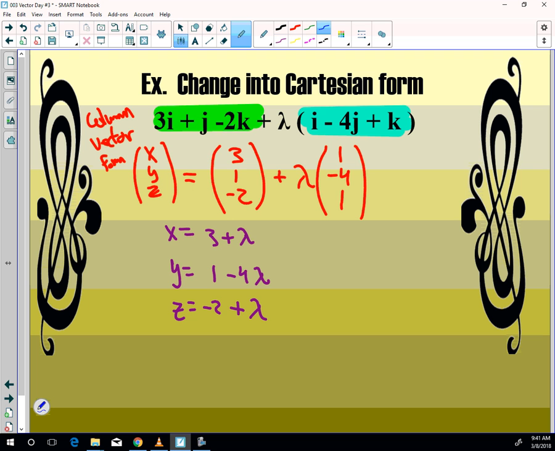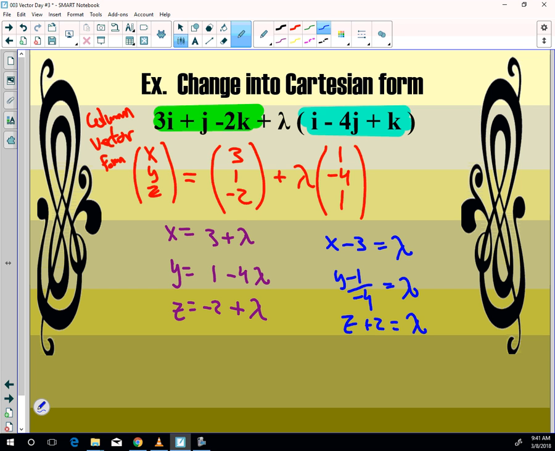And then if you wanted to solve for lambda, you're just going to get x minus 3 equals lambda. Here you're going to get y minus 1 over negative 4 equal lambda. And then you're going to get z plus 2 equal lambda.